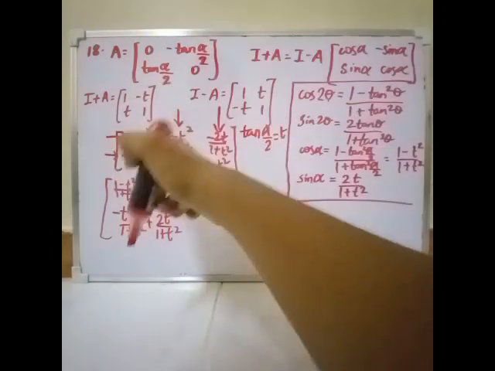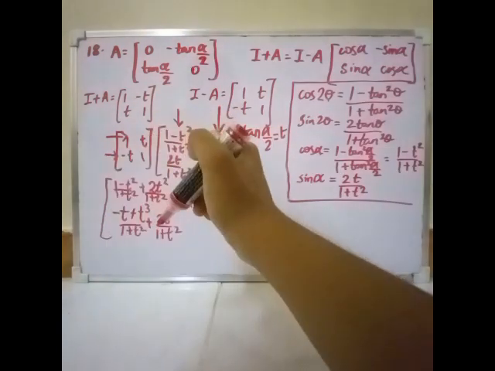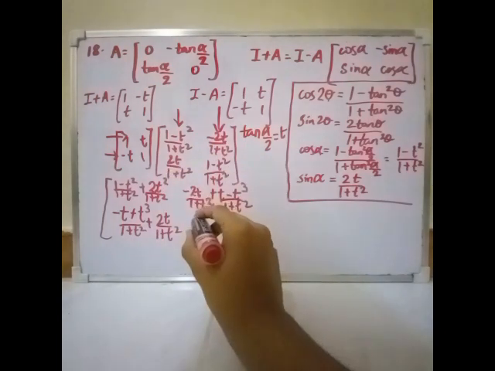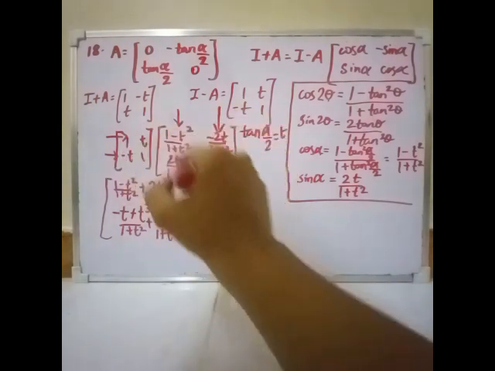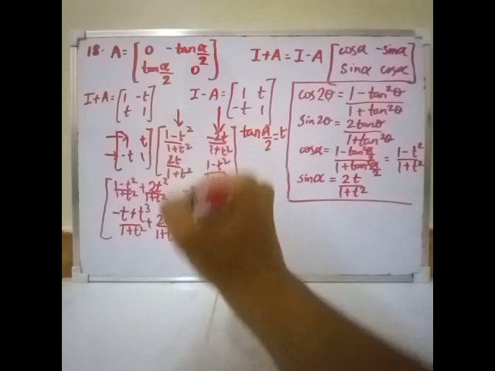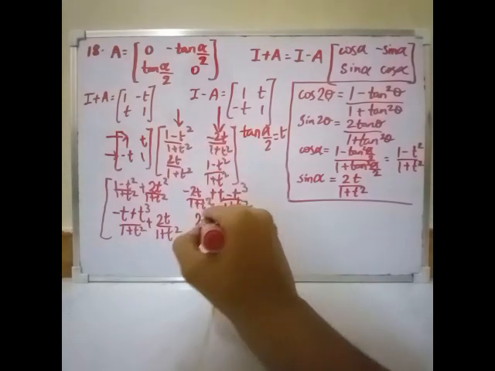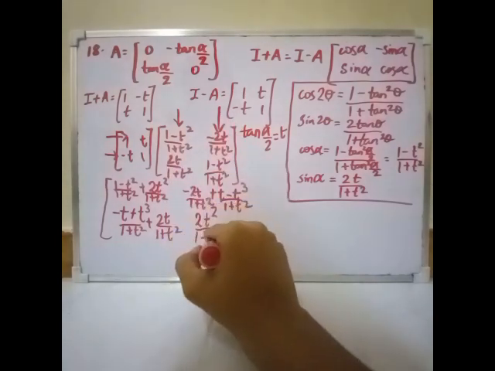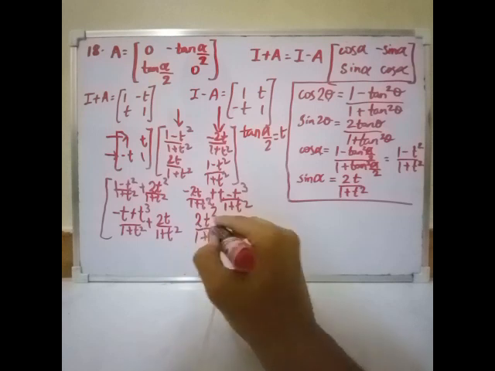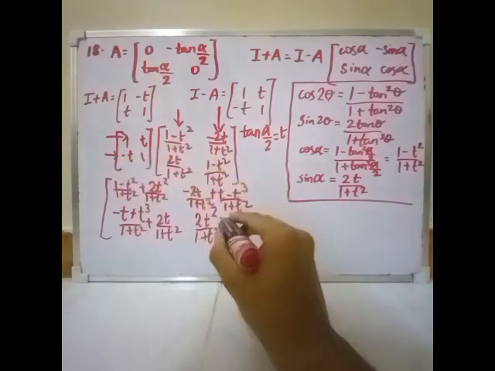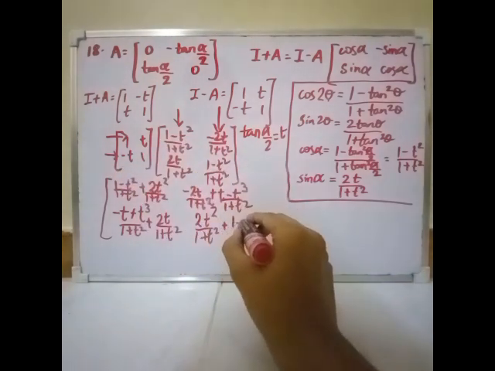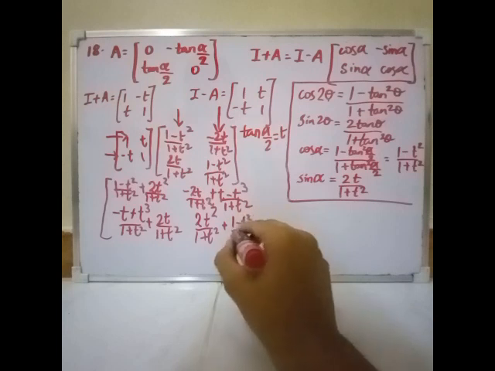Now second row, second column, minus t times minus 2t would be minus minus would be plus, and 2 is there, t times t would be t squared by 1 plus t squared. Now 1 times this thing would be the same, and you have to add it, right?